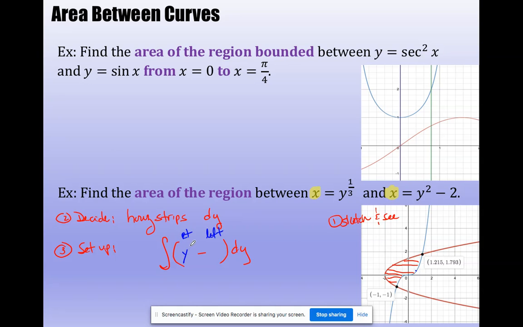So y to the 1/3 is the furthest right. The left is y squared minus 2. Be careful with those subtractions. dy. Yes, y, yes, y, yes, y. So these numbers have to be y numbers.